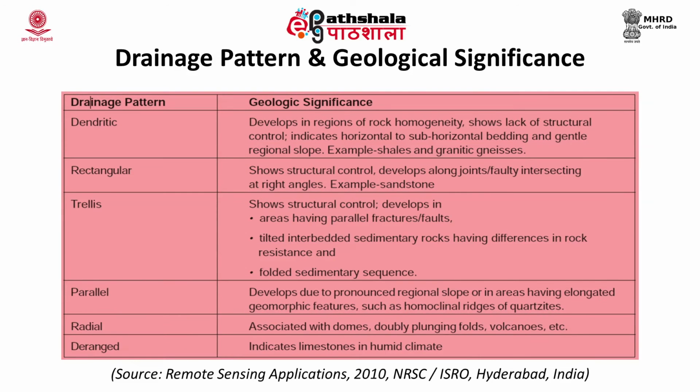If you look at the drainage pattern, as we have discussed before, in the terrain element, based on the different drainage types, you can get different information about that particular area.